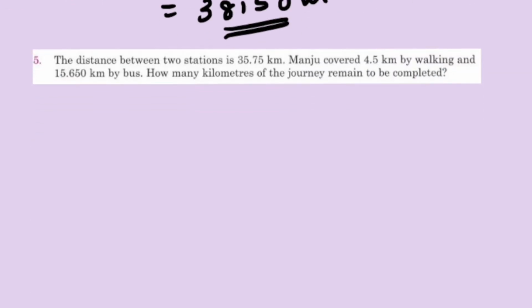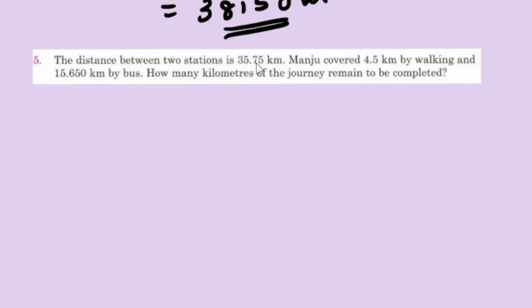Next we will move to fifth question from the same exercise. The distance between two stations is 35.75 kilometer. Manju covered 4.5 kilometer by walking and 15.650 kilometer by bus. How many kilometers of the journey remain to be completed? So how we can solve?